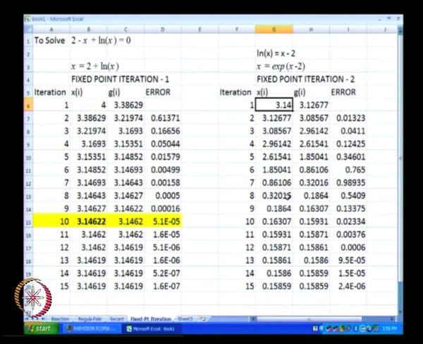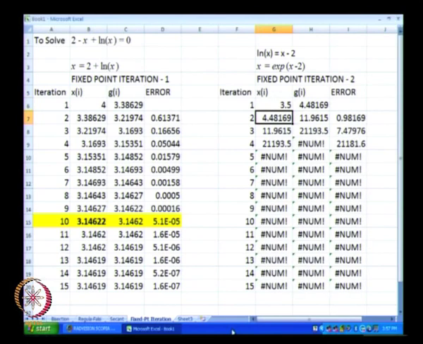So in the fixed point iteration, using x equal to e to the power x minus 2 converges to the solution 0.1587 and not to the solution 3.1462, no matter how close to 3.1462 we start. And if we start with say 3.2, we will diverge. So if we start beyond the second solution, our fixed point iteration is diverging using x equal to e to the power x minus 2.